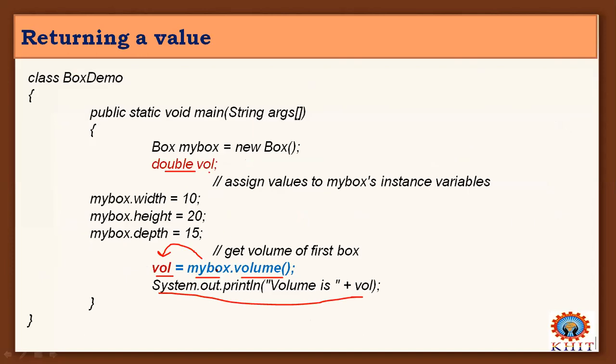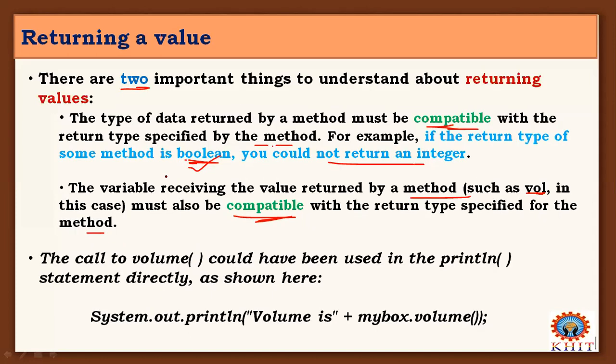Here, this volume method returns a double value, and to hold this return value, this variable should also be a double. So these two conditions should be met when we are designing a method with a return value.